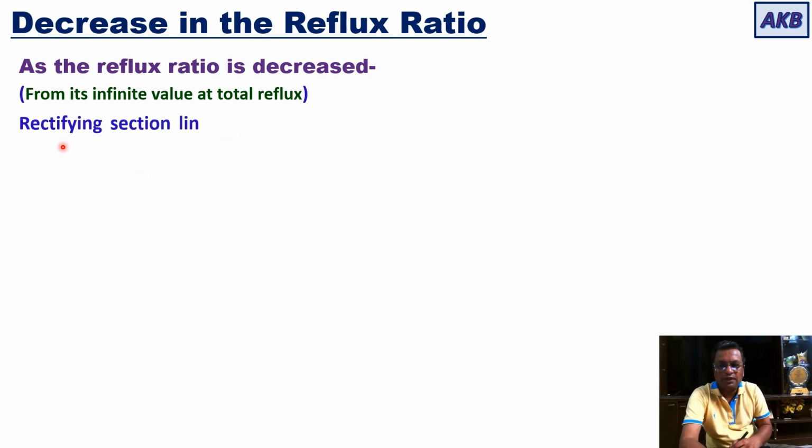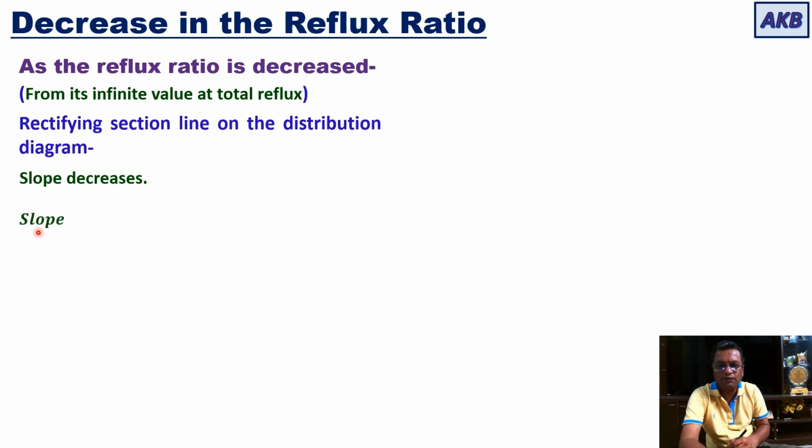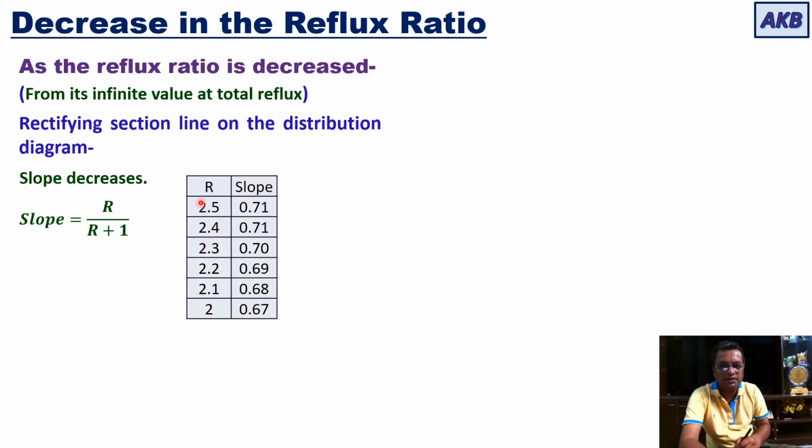To begin with, what changes occur in the rectifying section line on the distribution diagram? Its slope decreases. The slope of the rectifying section line in terms of R is given by this equation: slope is equal to R upon R plus 1. For your understanding, I have chosen some decreasing values of R and calculated the corresponding value of slope.